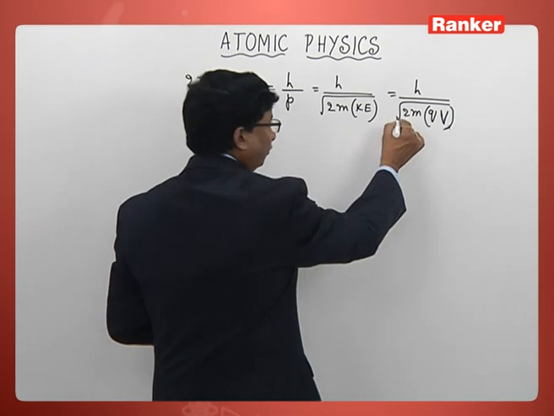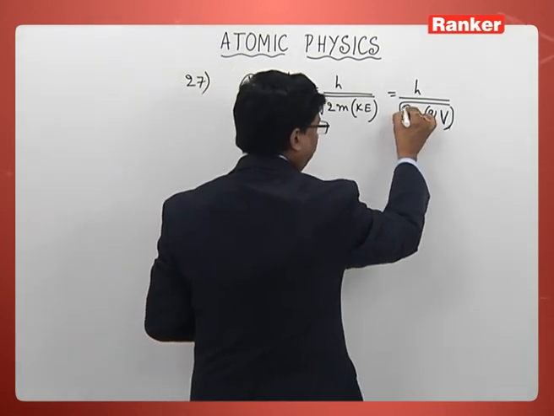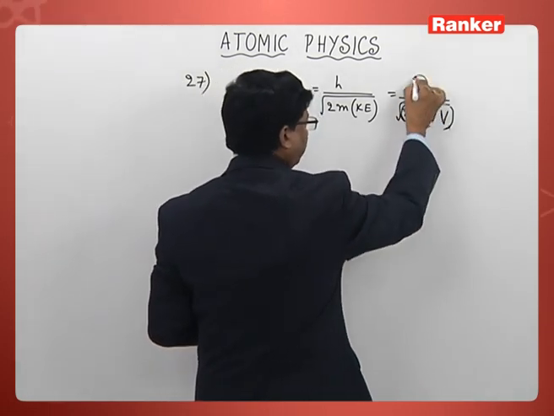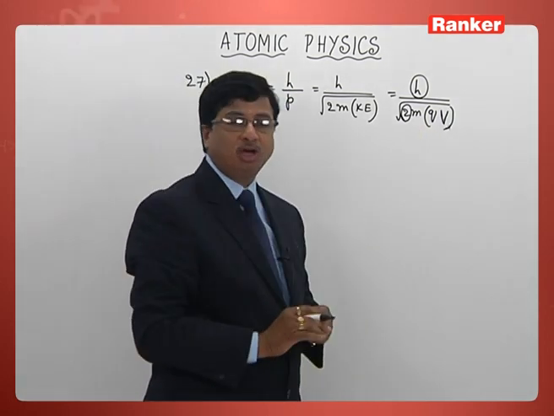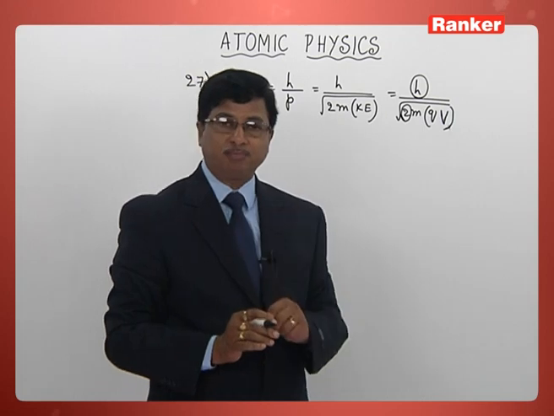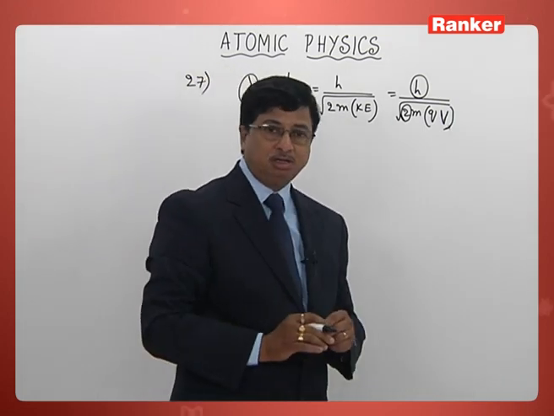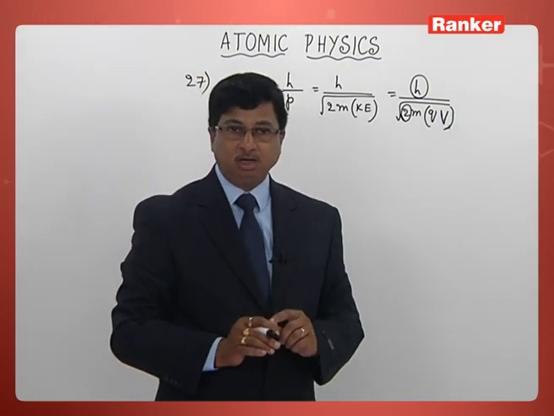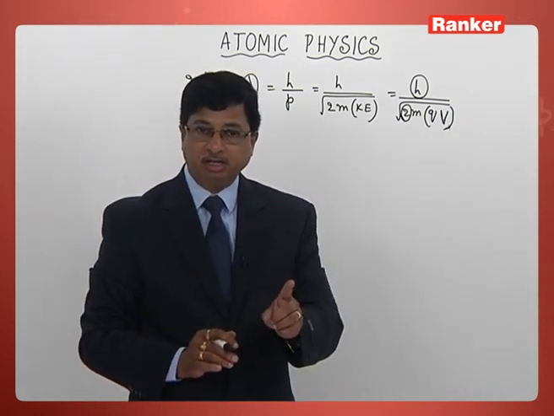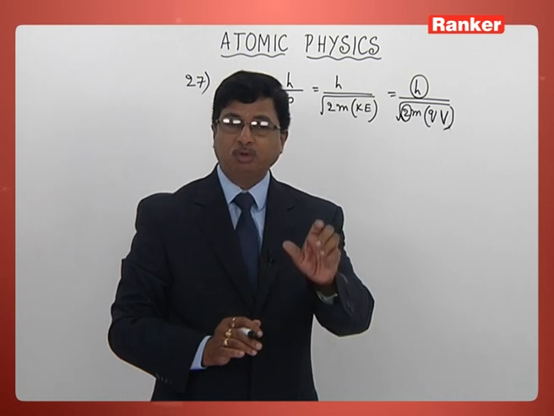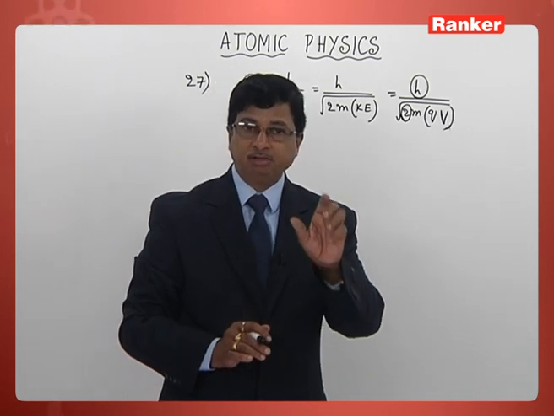And secondly, 2 is a constant, h is a constant. Then what are the three variables you are finding in that problem? Mass is a variable, charge is a variable, potential difference also is supposed to be varied for both the particles to have the same wavelength lambda.